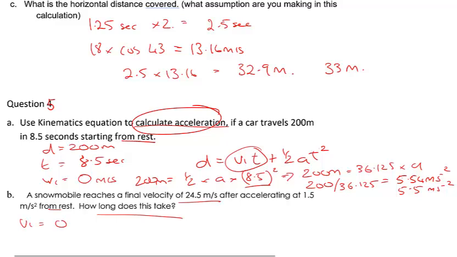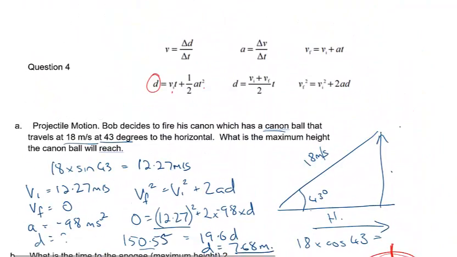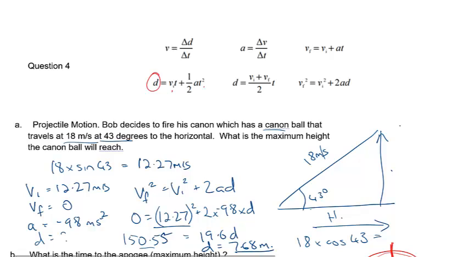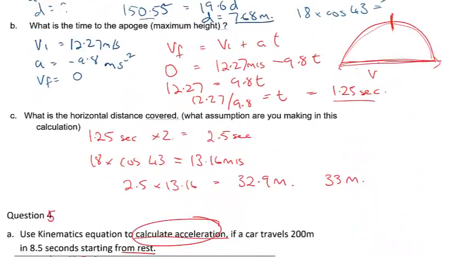So initial velocity is 0, final velocity is 24.5, and the acceleration is 1.5 meters per second squared. So we look through the formulas and find the one that's going to work for us, which is this one here. Okay, Vf equals Vi plus At.